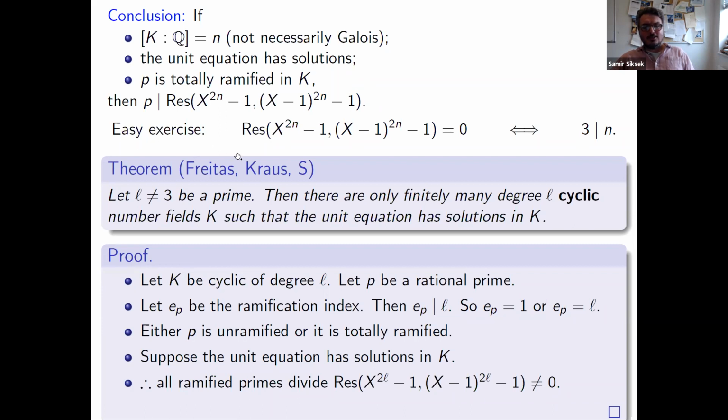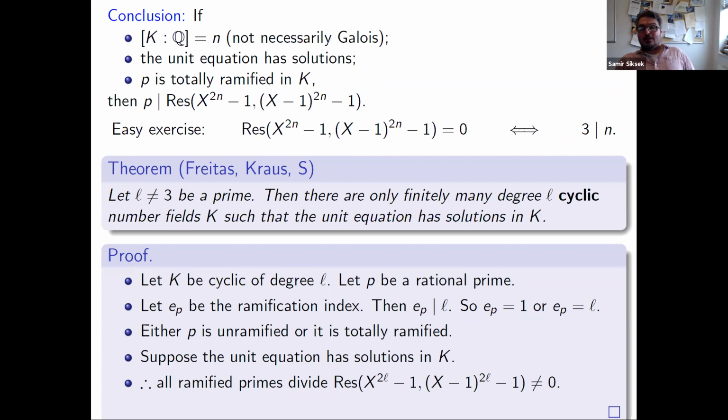So I've written an easy exercise. I'm not sure, it depends if you think as an algebraist or as a geometer. If you think as a geometer, you're going to say, well, the roots of x to the 2n minus 1 lie on the unit circle, and the roots of (x minus 1) to the 2n minus 1 lie on the unit circle shifted by 1 to the right.